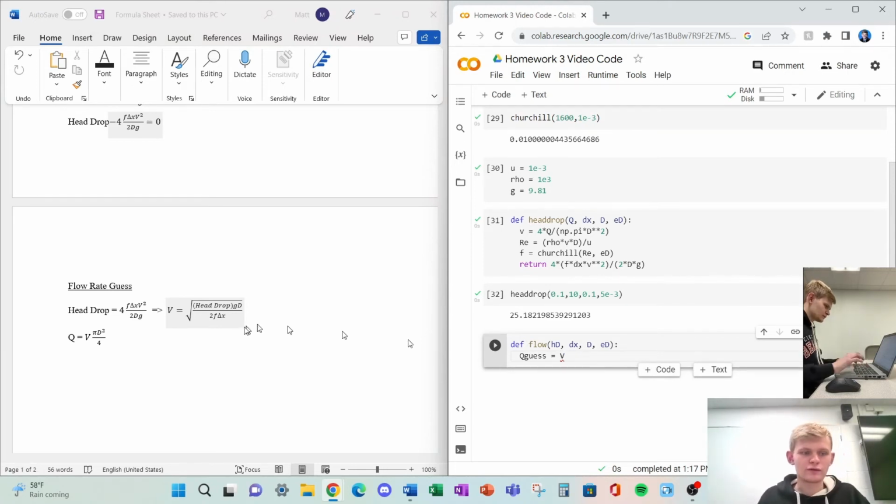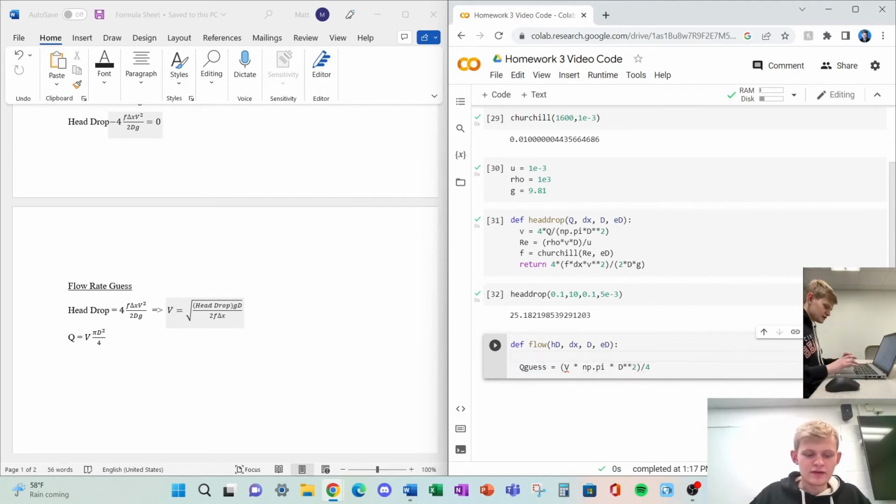So our flow rate guess is going to be our velocity multiplied by pi times our diameter to the power of 2, and then we're just going to make sure this is all working by putting that in parentheses, and then we're going to divide that by 4. And then we're going to put some space in here, and make sure our velocity equations are working as intended.